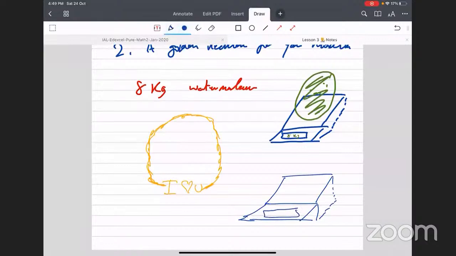Here's the one. And it says about something like, okay, 11 grams. So what is the difference between this and this sort of weighing machines? What's the difference? Any idea?